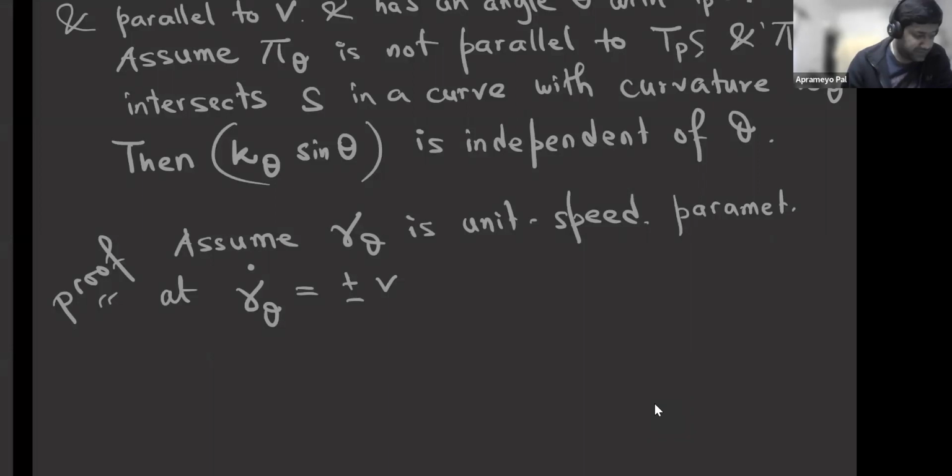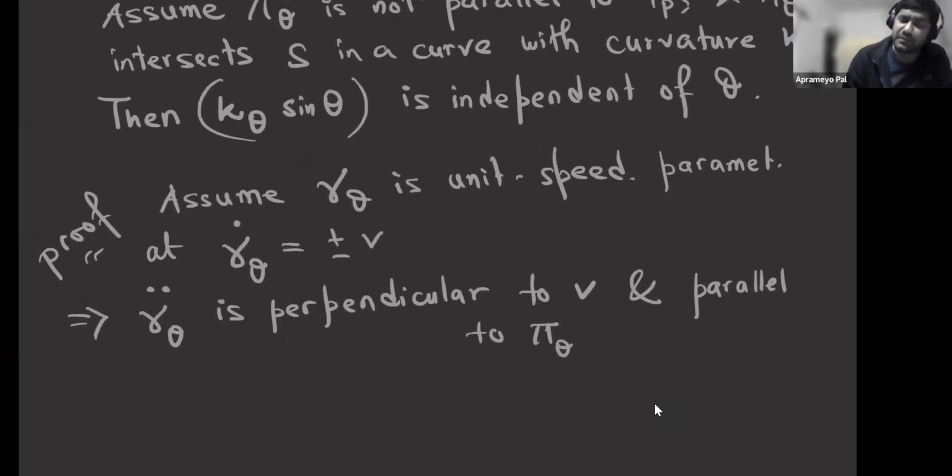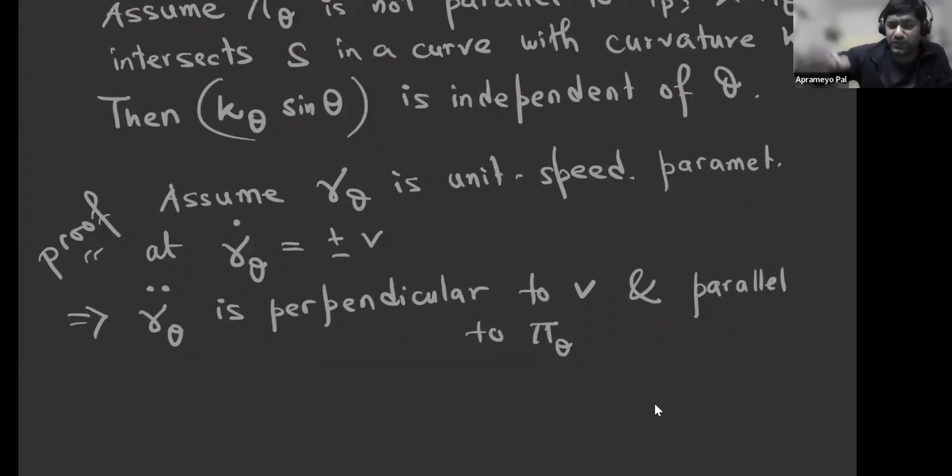This implies that gamma theta double dot is perpendicular to v, and since pi theta is parallel to v, it is parallel to pi theta.